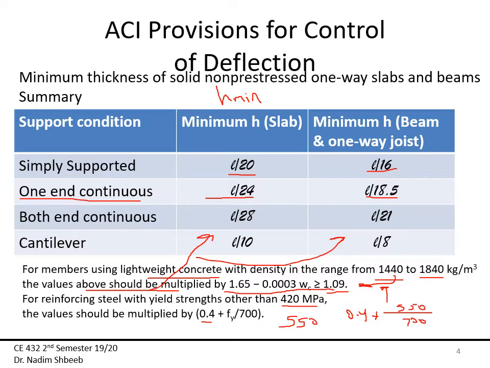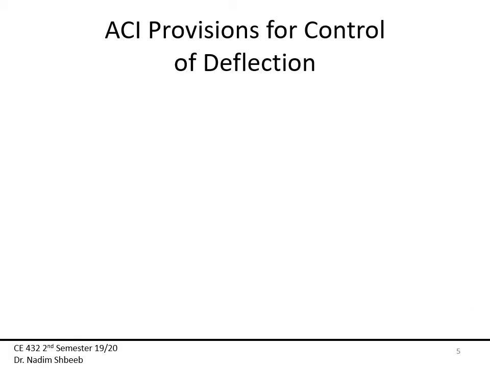Okay, so maybe that's close to 0.8. Then this might be approximately 1.2. So then I multiply these values by 1.2. But if I have normal weight concrete and Fy is equal to 420, I don't need to do any of these modification factors.